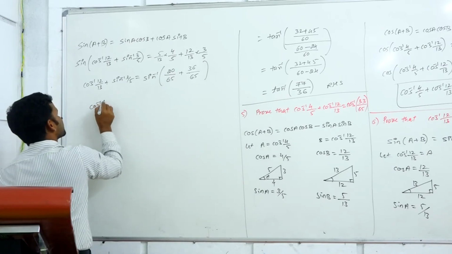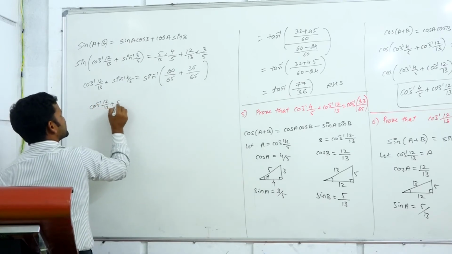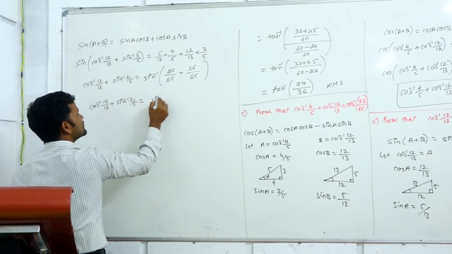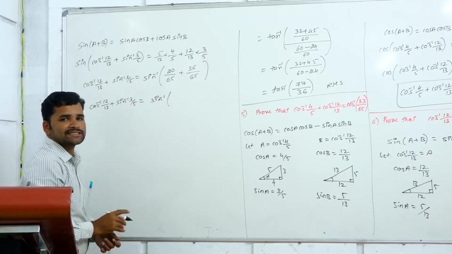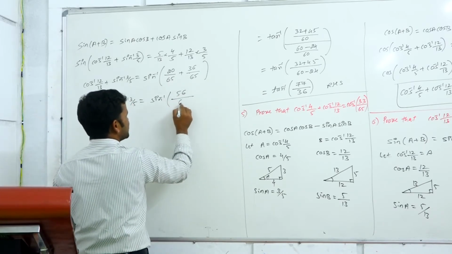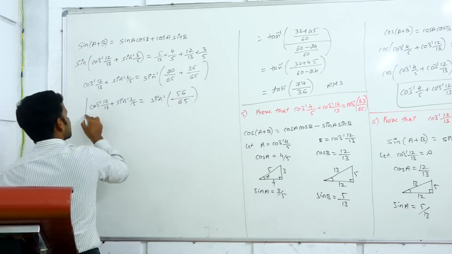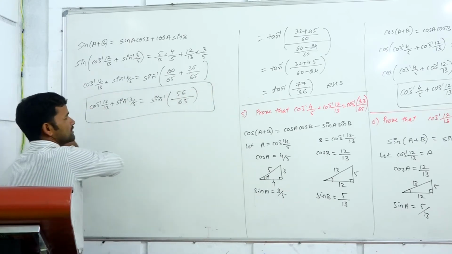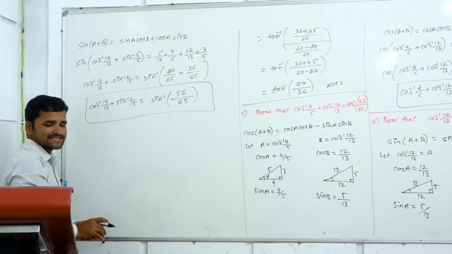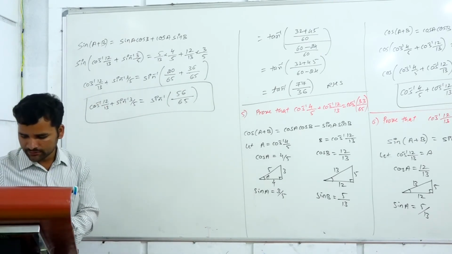We have cos inverse of 12 by 13 plus sine inverse of 3 by 5 equal to sine inverse of 36 plus 20 is 56 divided by 65. Yes, this is the equation we want to prove. We got it. Problem number 6 in the miscellaneous exercise is over.